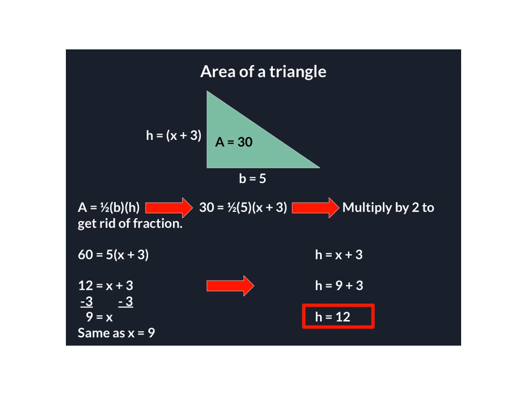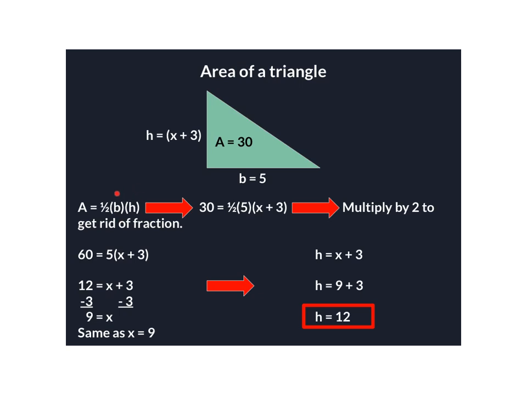Looking at this problem, they give me the area of the triangle. It's actually 30. The base down here of the triangle is 5, and the height of the triangle is being represented by this expression x plus 3. So just taking this formula and substituting everything that we know, the A turns into 30 because that's the area. 1/2 stays the same.